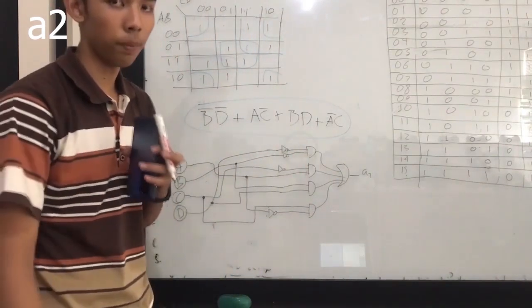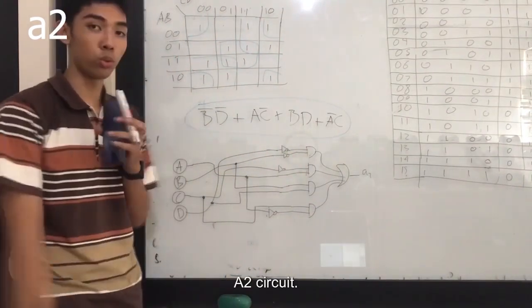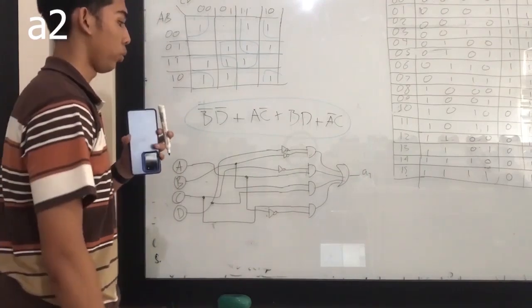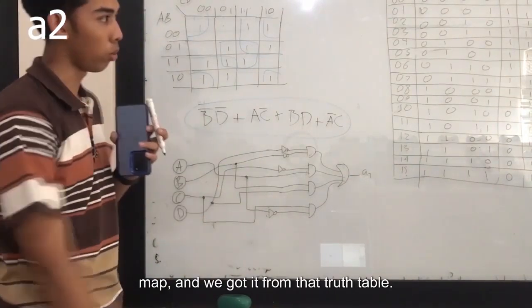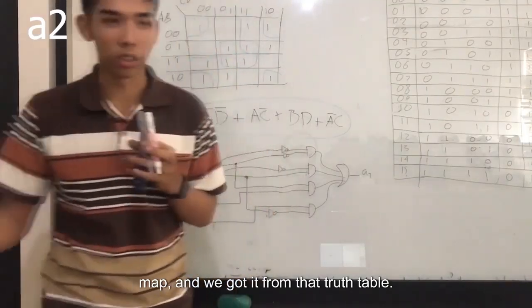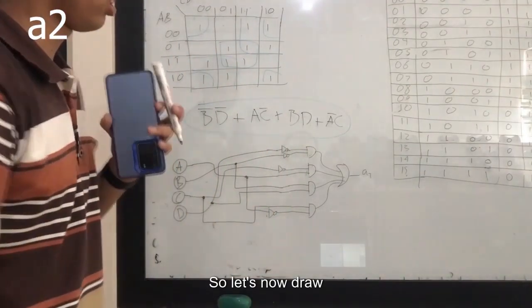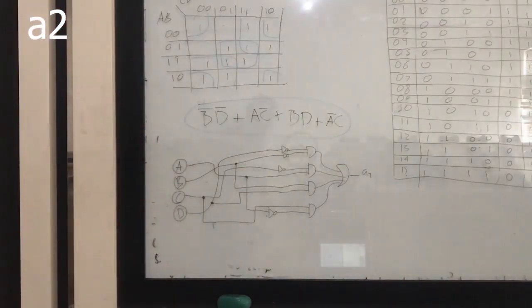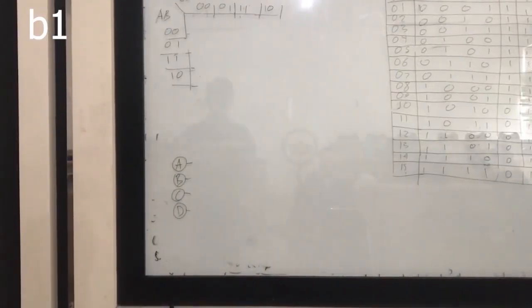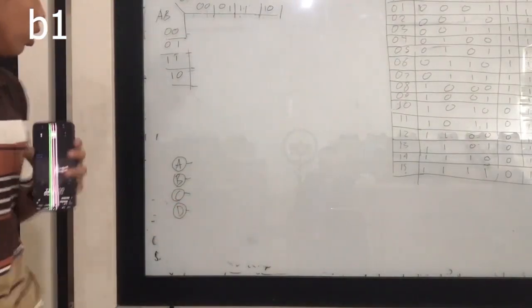Okay, this is our A2 circuit, which we got from this simplified expression, which we got from this Karnaugh map, and we got it from that truth table. So let's now draw B1.